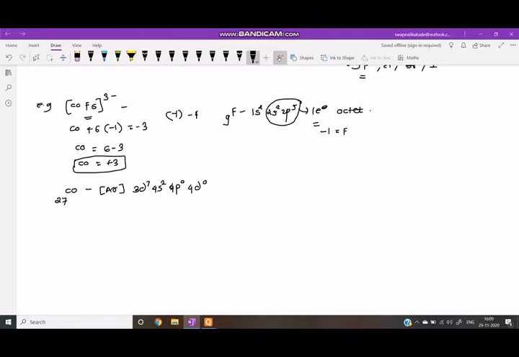For cobalt +3, 2 electrons are removed from the 4s orbital and 1 electron is removed from the 3d7. Therefore the electronic configuration is argon 3d6, 4s0, 4p0, 4d0.